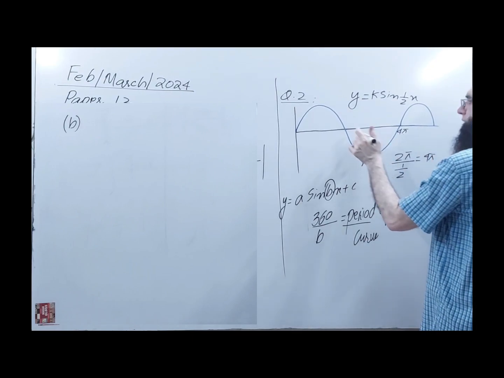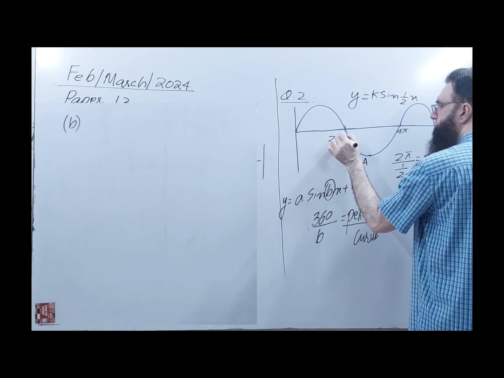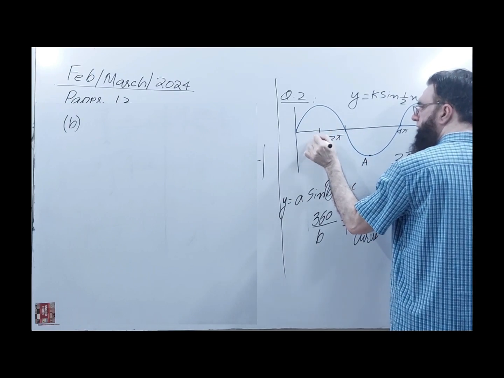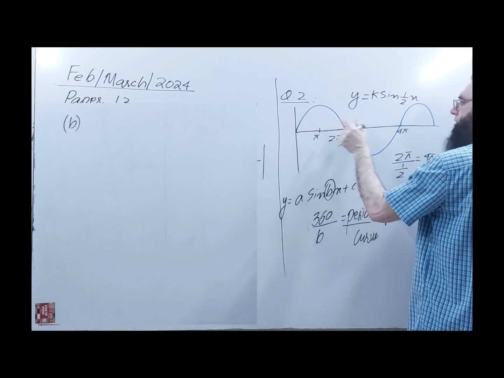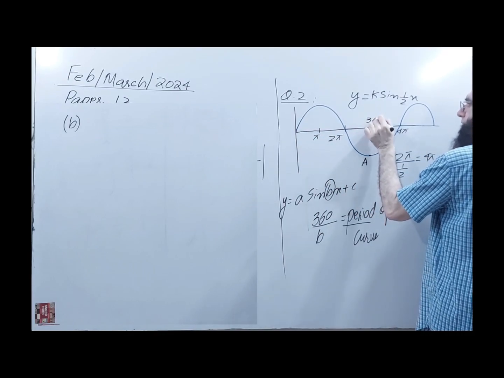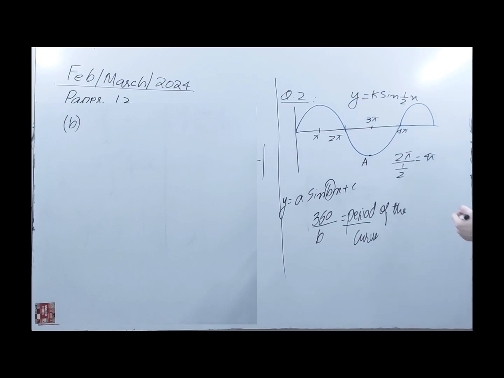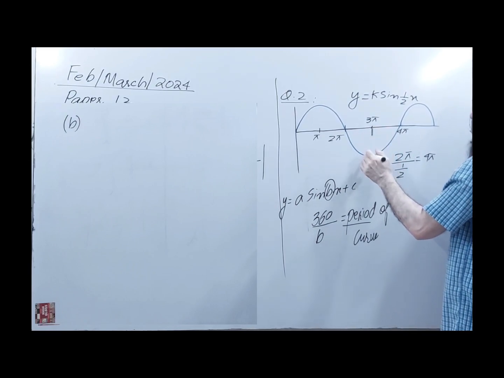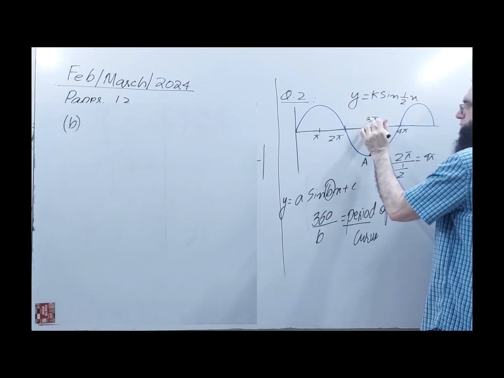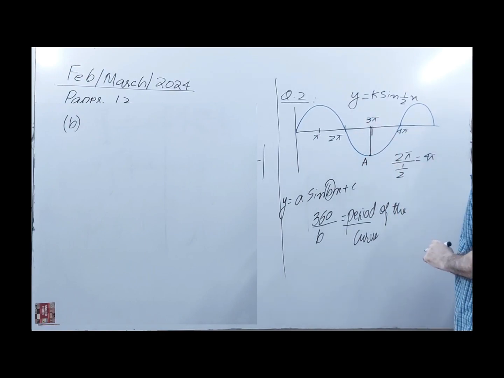Now, if this is 4 pi, then the half curve is completed in 2 pi, and this is pi. The first interval is at pi, the second is 2 pi, then this is 3 pi. So this is the x coordinate of point A. The x coordinate of A is 3 pi. What is the y coordinate?